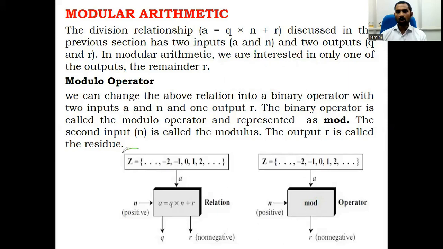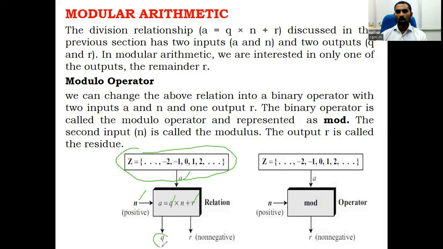If you take the input values from the set of integers and apply the division operation, we get A = Q × N + R, where A is called the dividend, N the divisor, Q the quotient, and R the remainder.